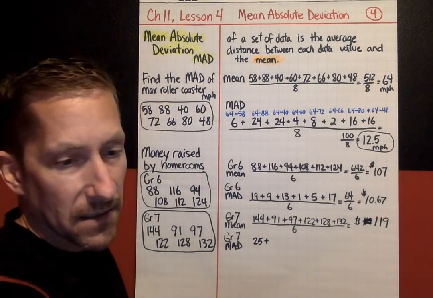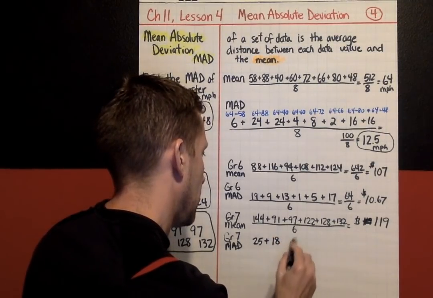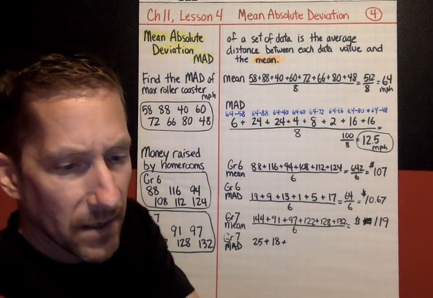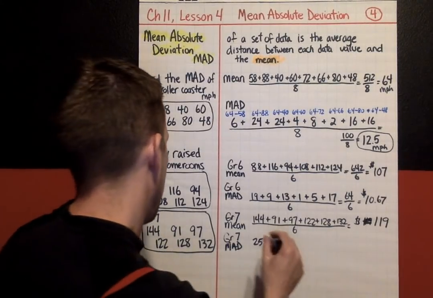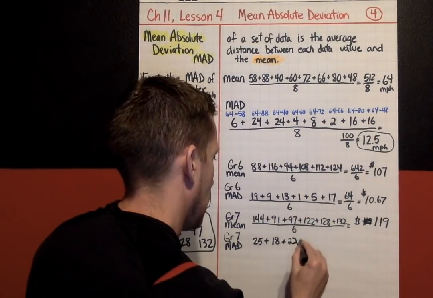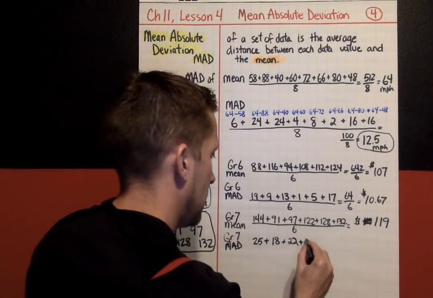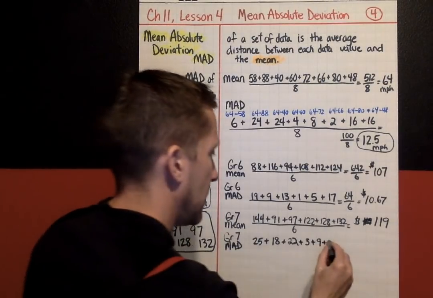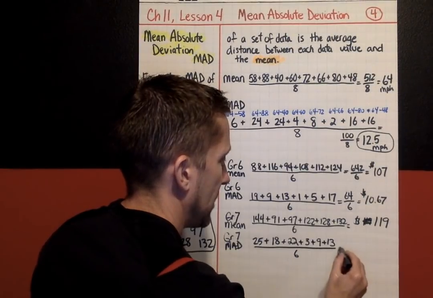25 plus 18 plus, what is that? I can't hardly read my writing. 22 plus 3 plus 9 plus 13. And I'm dividing by 6 because there's 6 values.